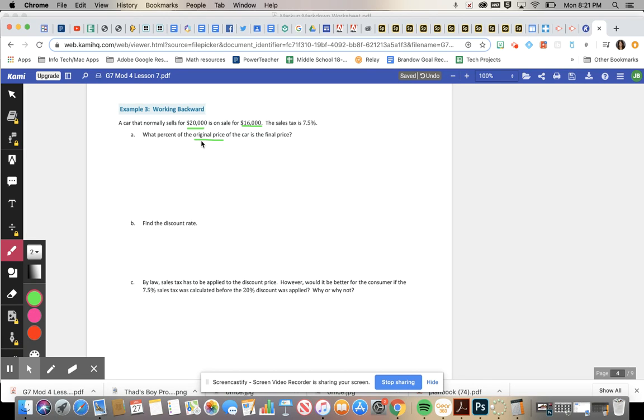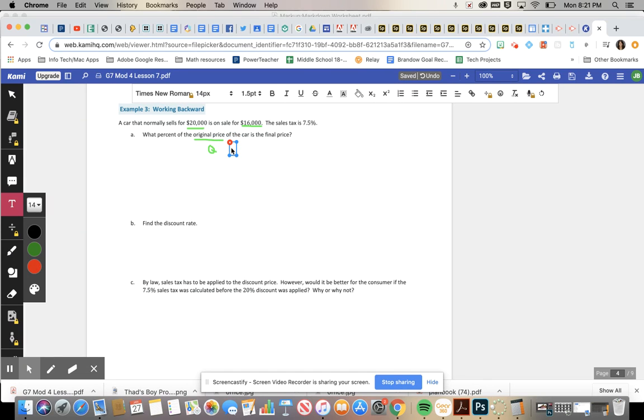So we know we're going to use this formula, this quantity. I might type this out for you. Quantity equals our percent times our whole.